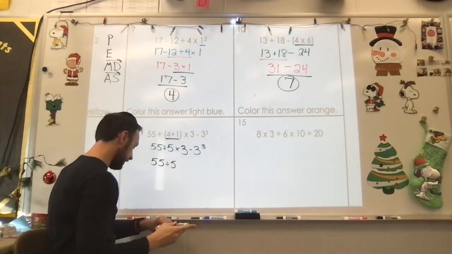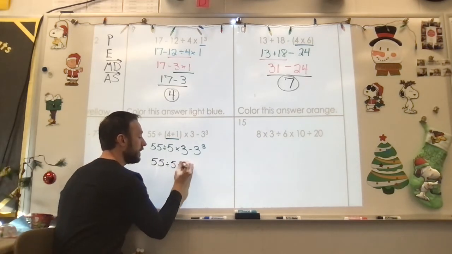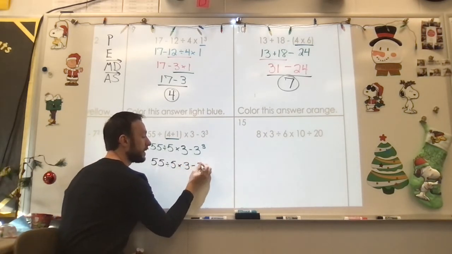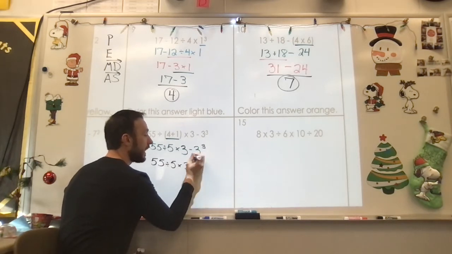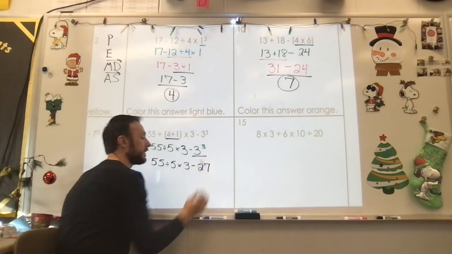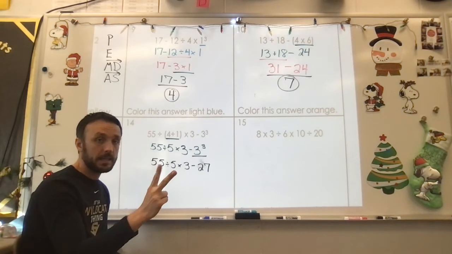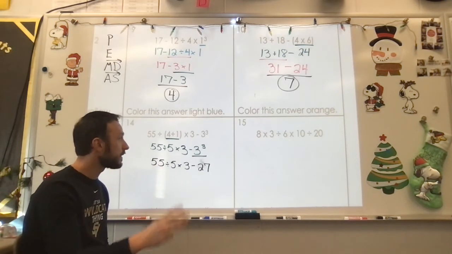I forgot the 3 there. So it'll be times 3 minus 3 to the third. Oh, all right, I need to do that. So that'd be a minus 27. I got 27 because 3 times 3 is 9, 9 times 3 is 27. So I kind of messed up there. Let's rehash to get us caught up.